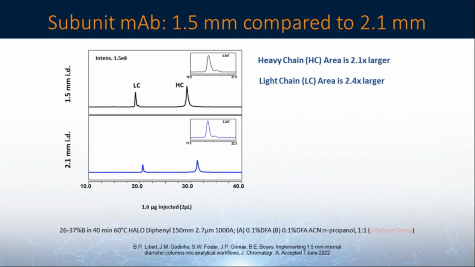The heavy chain area is 2.1 times larger on the 1.5 millimeter Halo 1000 angstrom diphenyl column. The light chain area is 2.4 times larger on the 1.5 millimeter Halo 1000 angstrom diphenyl column. So we're seeing the same trend as what we had seen with the intact trastuzumab.